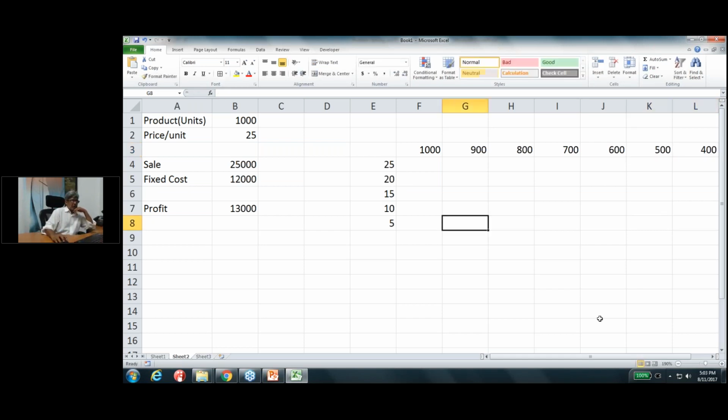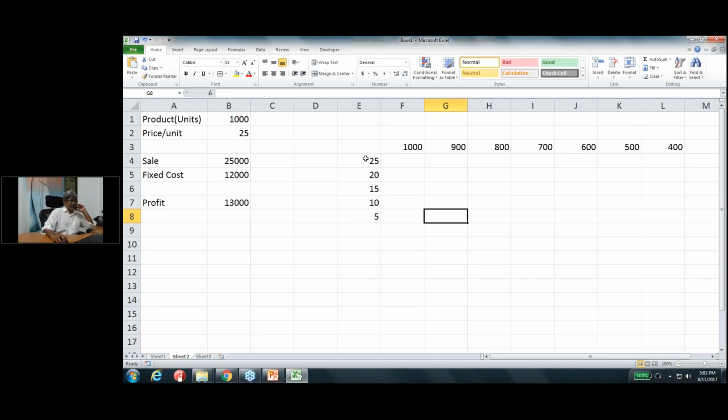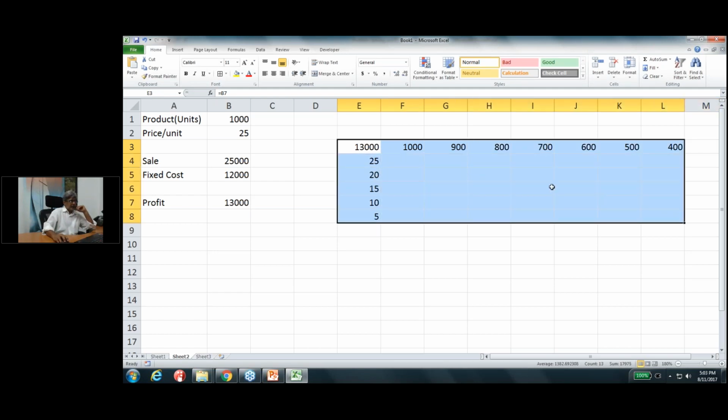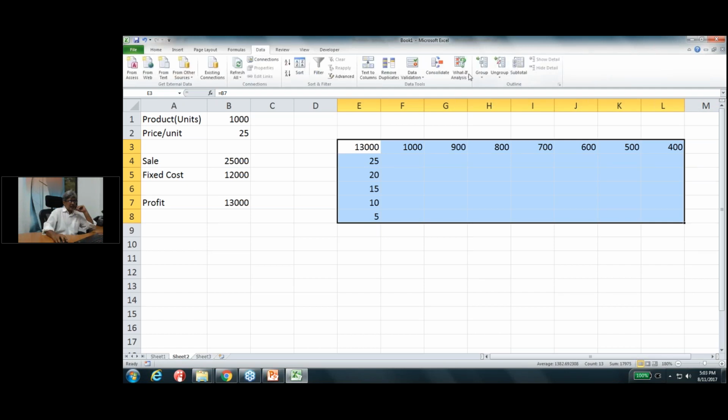So I will construct a table on the various prices and the various lots that we have. And in order to do that, our focus is on profitability, our profits. So just replicate this, B7, and then select the entire table, data tab, what-if analysis, data table, and now we have two inputs to make.